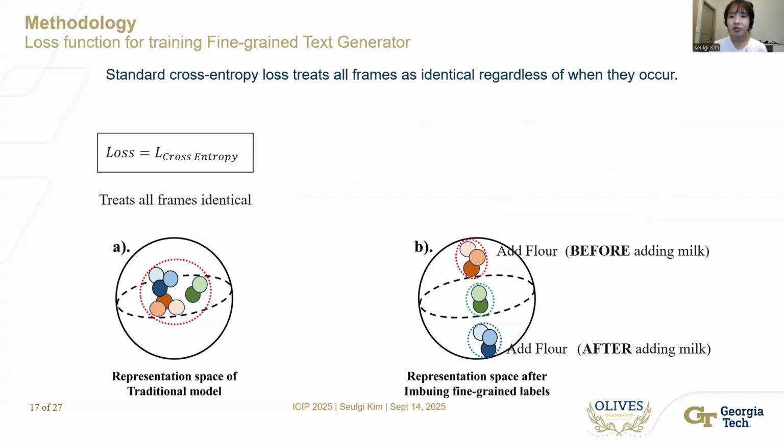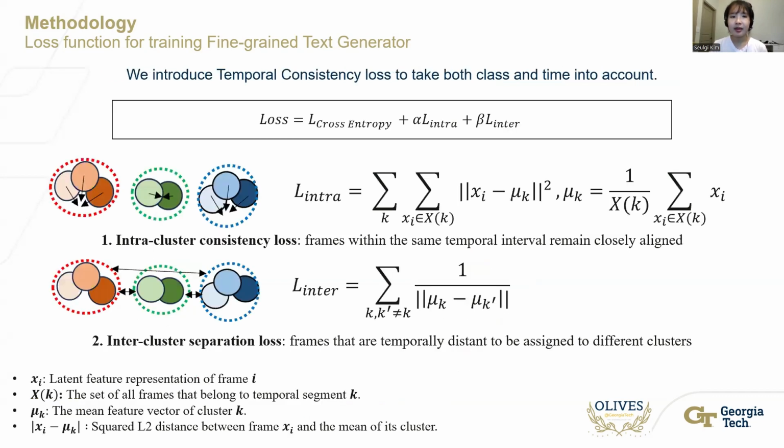To enforce this structure, we need to go beyond the standard cross-entropy loss. This is because, as shown in A, the standard cross-entropy loss treats all frames with the same subaction label as identical regardless of when they occur. So, we introduce temporal consistency loss, which we combine with the conventional cross-entropy loss.